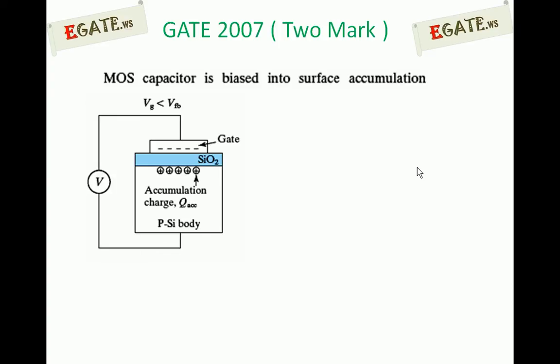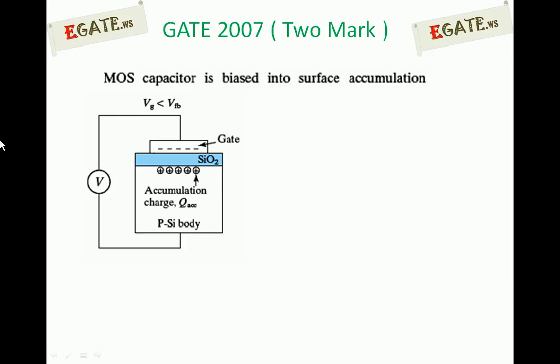Whenever we are not applying any voltage, the semiconductor we are going with is a p-type substrate. In this p-type substrate, holes are the majority charge carriers, and the region near the SiO2 layer is normally called the channel region. Near SiO2, this channel region consists of holes only if you are not applying any voltage.